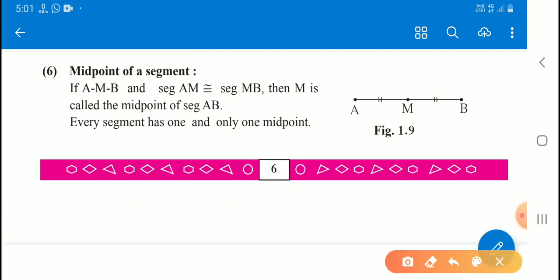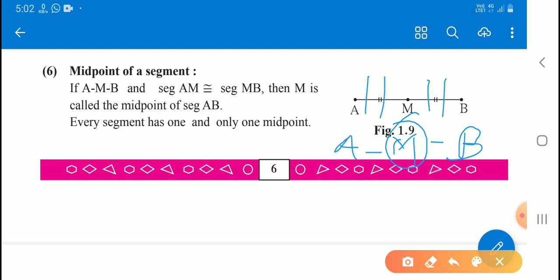Now, if you see figure number 1.9, they have given A-M-B, meaning point M is in between A and B. And they showed one more sign here, the sign of equality, meaning AM and BM are shown by equal signs.